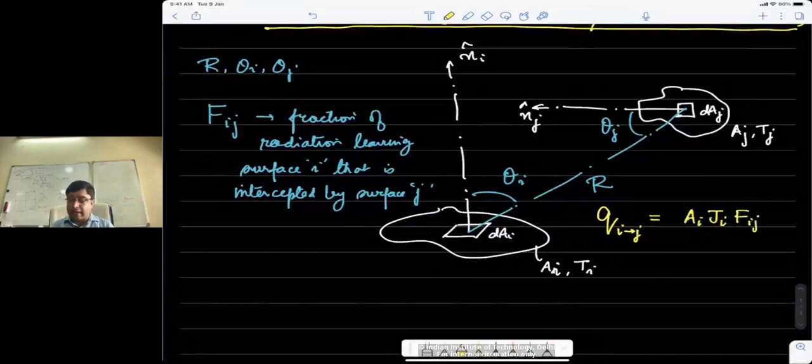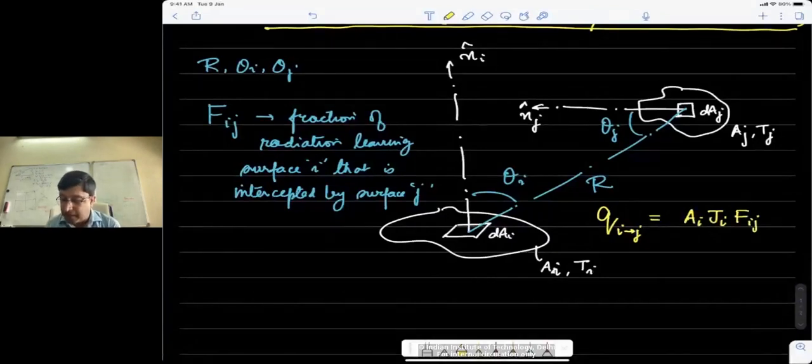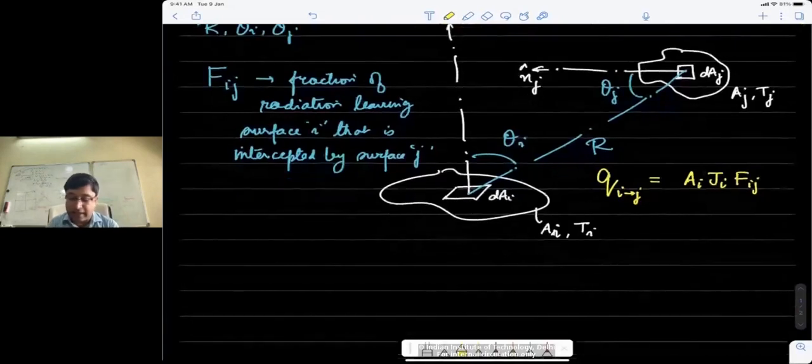So Ai Ji is the total radiant energy leaving surface i, but Fij then tells me how much of that is reaching surface j. Please notice I've said Q i to j. There's an arrow, saying from i, how much is going to j. I want to write this expression in this form, and for that I need to calculate Fij. If I have Fij, I can straight away calculate the amount of radiant energy reaching surface j.